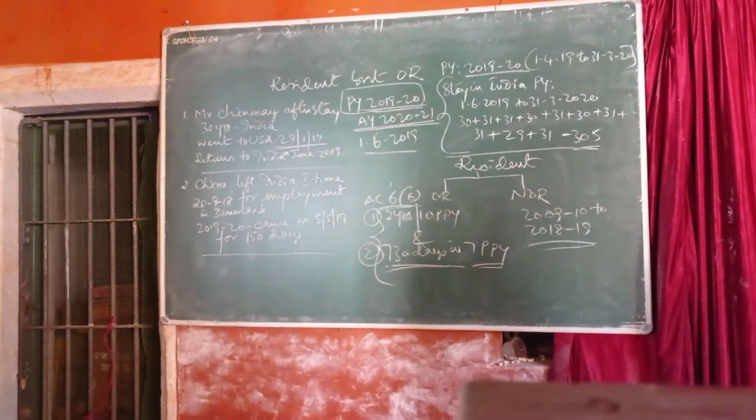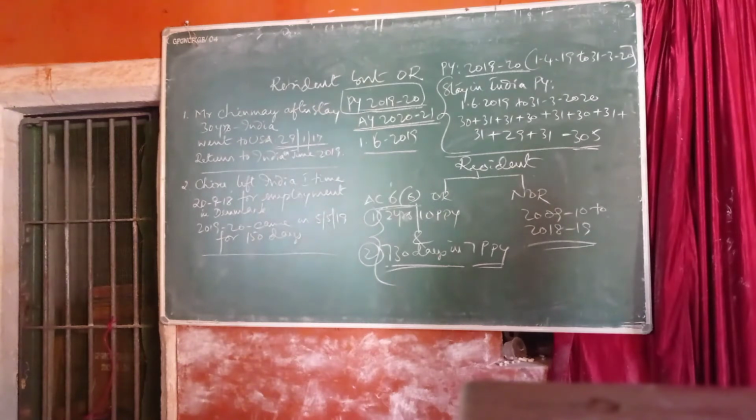They are: he must be resident for 2 years out of 10 preceding previous years, and he has been in India for a minimum period of 730 days in 7 preceding previous years. Hence, Mr. Chinmay satisfies the basic conditions and both of the additional conditions to become an ordinarily resident.